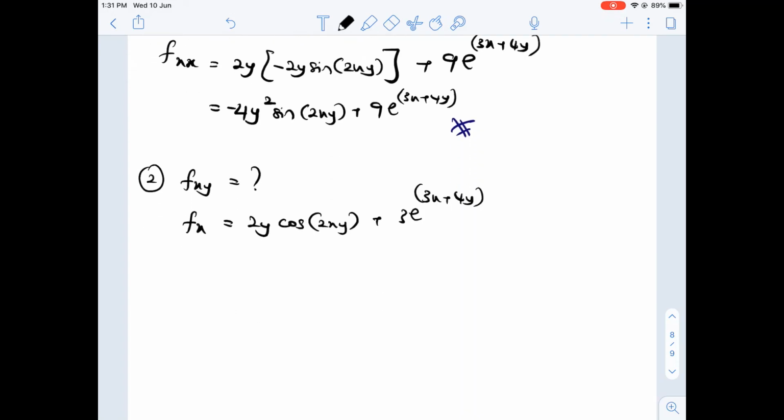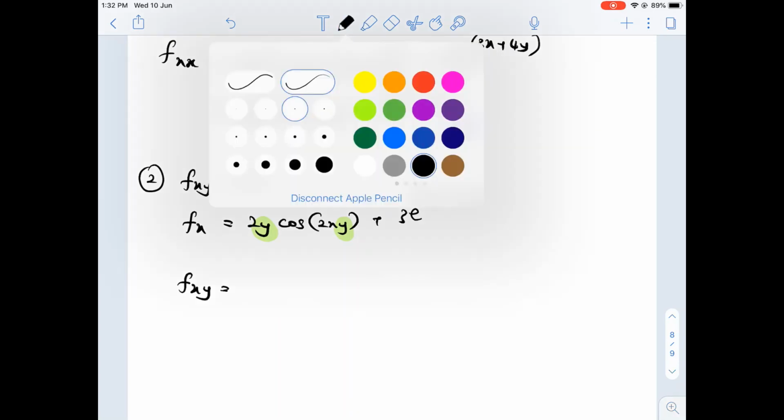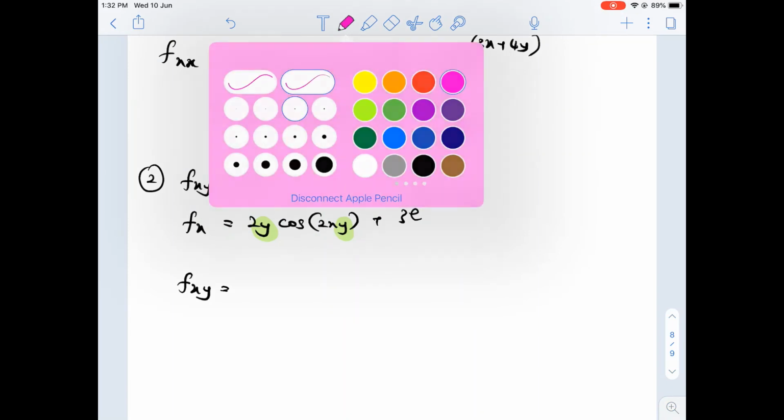Okay, now we want to differentiate this with respect to y. If you notice here, we have y here, we also have y here. So in order to solve this type of function, we need to use product rule.